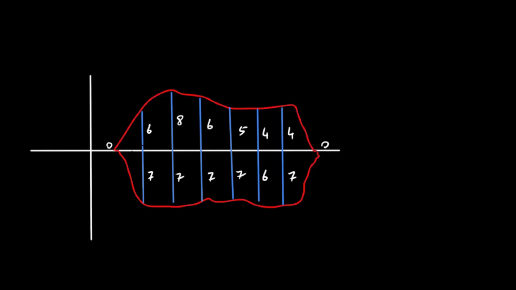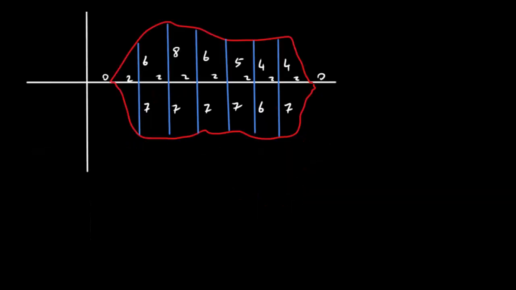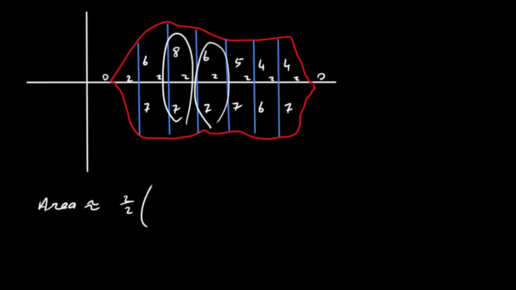And let's say the distance along here is 2, 2, 2, 2, 2, 2, and 2. So again, here what you can just do is say the area here is h, which is 2 over 2, times the first, so you can combine these two here. You can combine these two here, you can combine these two here. So again, we're going to start at 0, we're going to end at 0.